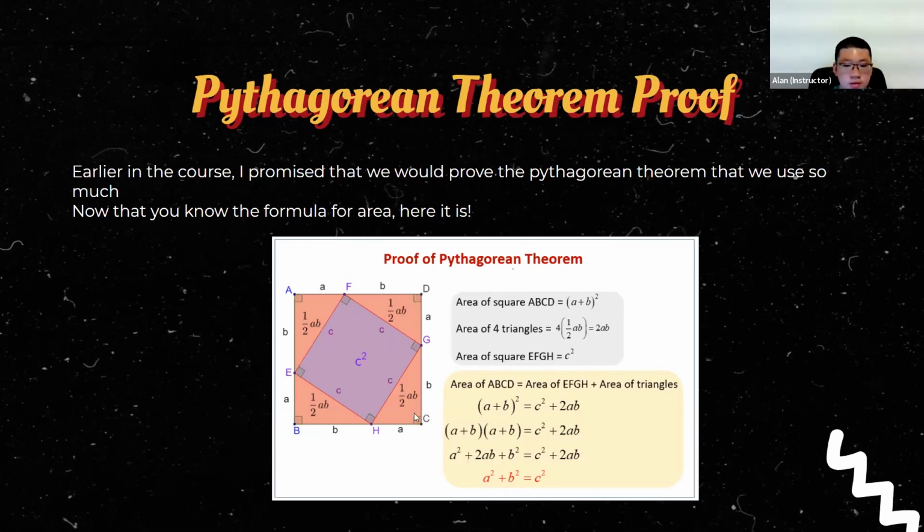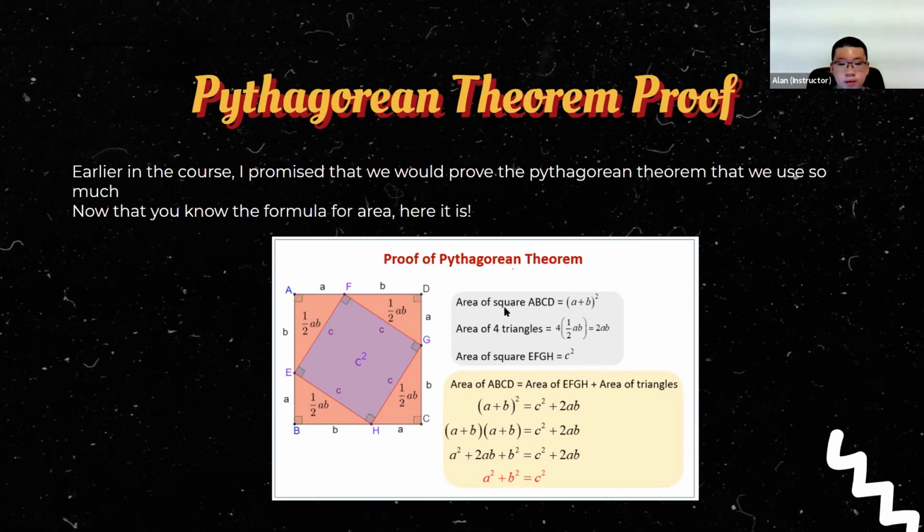Each of the right triangles has legs of length a and b, and you arrange them like this. The hypotenuse of each of the right triangles is going to be c. So the area of square ABCD has to equal the area of the 4 right triangles added together plus the area of the square in the middle.